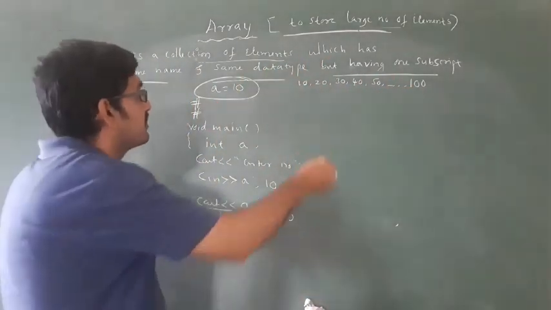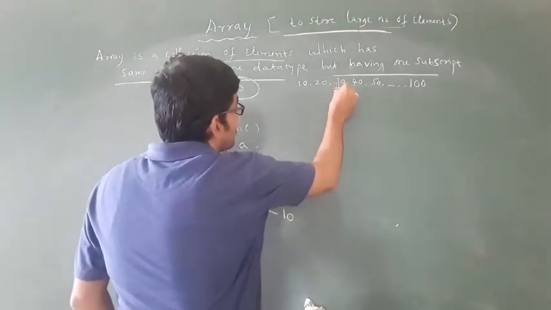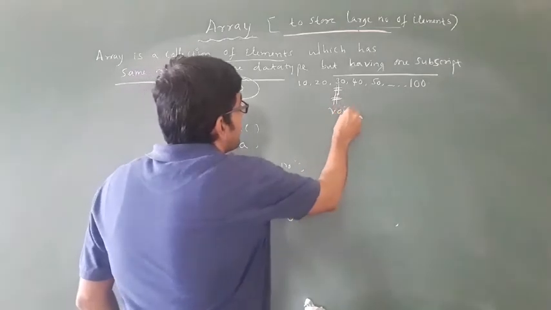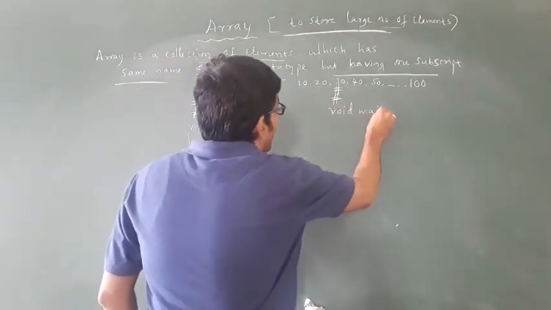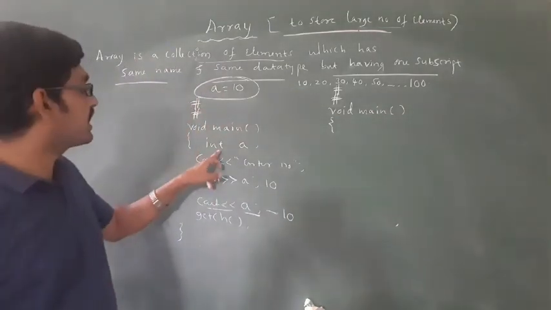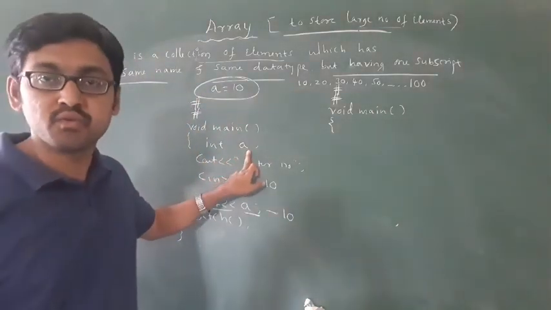See, first same to same: hash include iostream.h, hash include conio.h, then take void main. Here I was declaring only a variable.